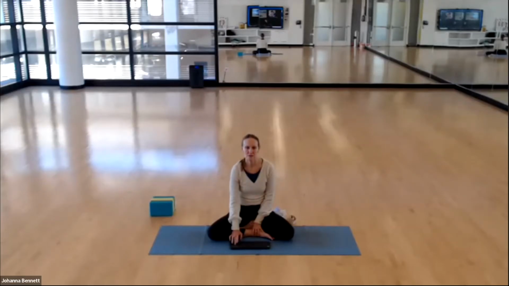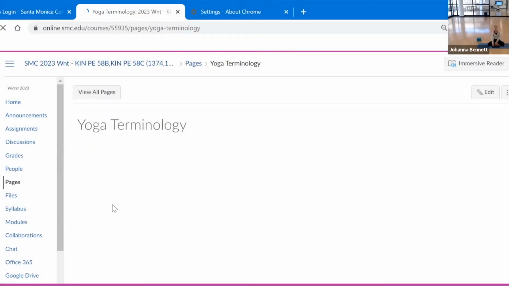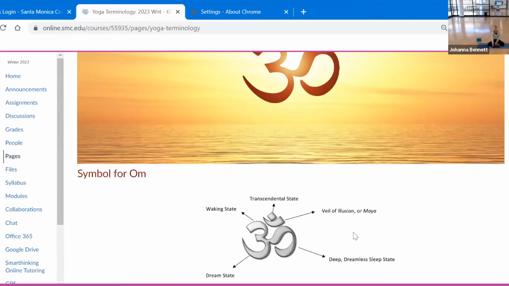This week we will be practicing and focusing on some yogic terminology and some vocabulary. So I'm going to share my screen and bring your attention to this. Here we go into some of the vocabulary that's really important for yoga as you learn the different practices.